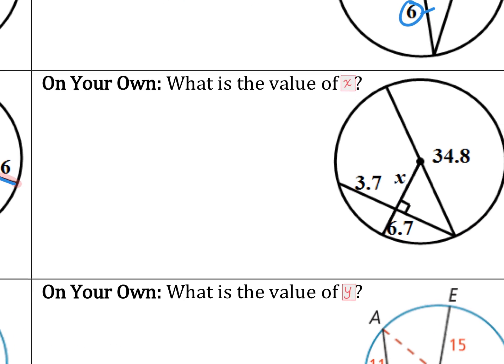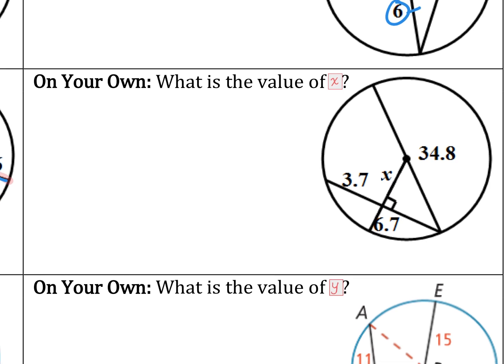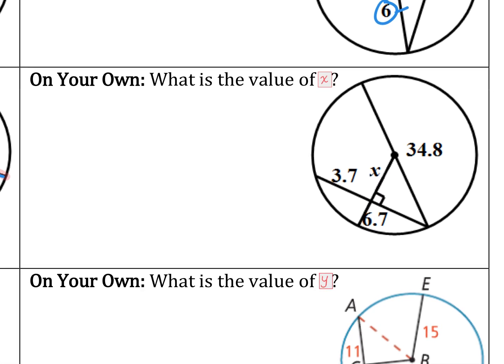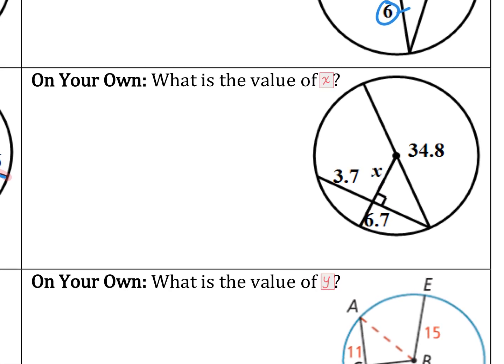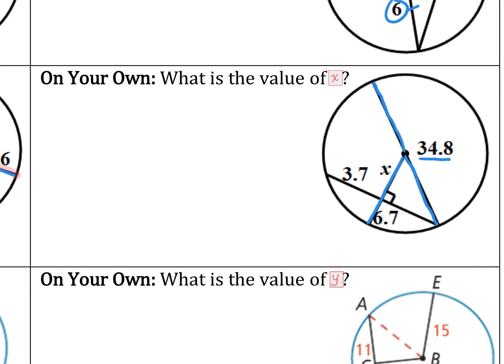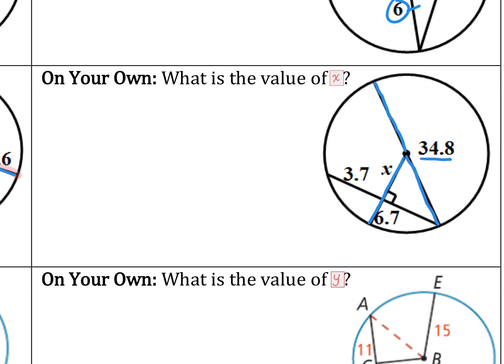Okay, let's try this one on your own. So what is the value of x in here? The same like the first example we did. Now, what we can see in here is that this radius has a size of 34.8. And this is another 34.8. This is going to be 34.8. But there is a chord in here that cuts the line. And this part is actually 6.7.